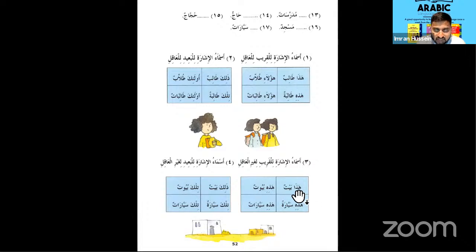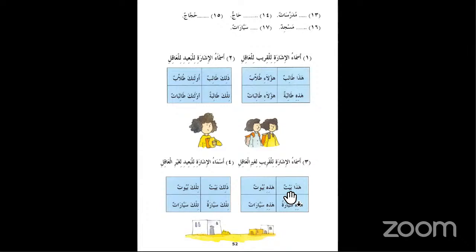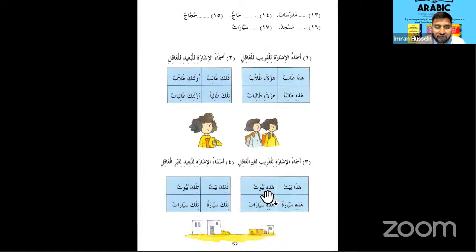Can you see this here? The singular of buyutun is masculine, hada baytun. The singular can be masculine, and the plural will turn into feminine singular. Hadihi is normally used for feminine singular. Is that clear? Yes.